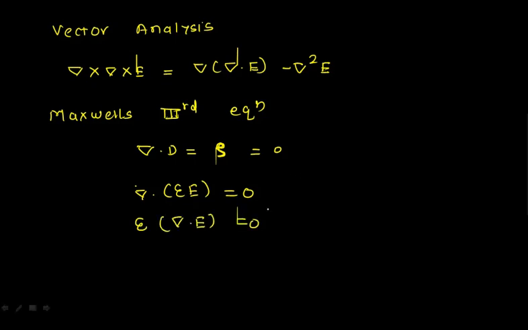Now in this equation, if this whole value is 0, either epsilon will be 0 or del dot E will be 0. But epsilon being 0 is not possible, so del dot E is equal to 0.